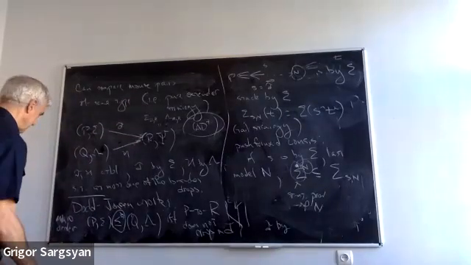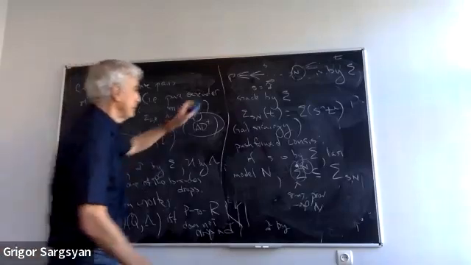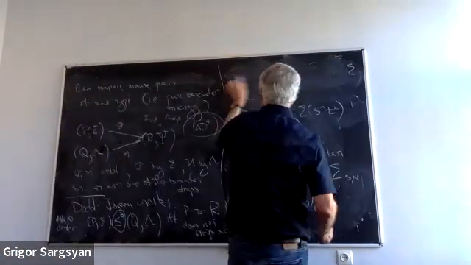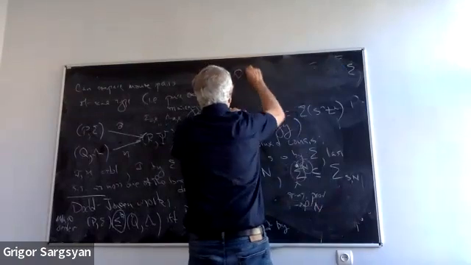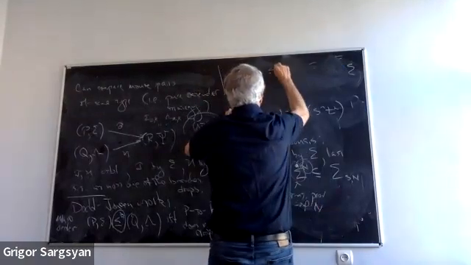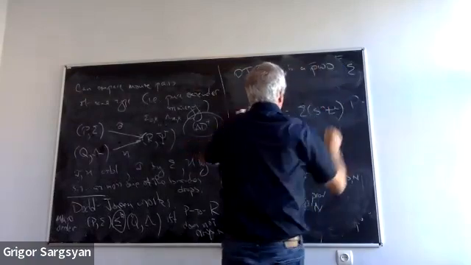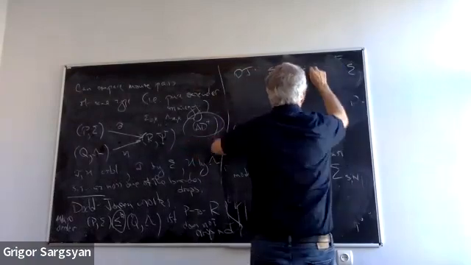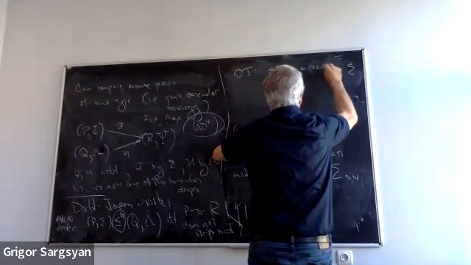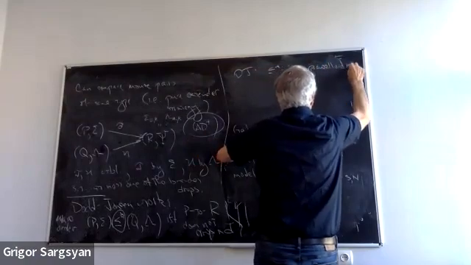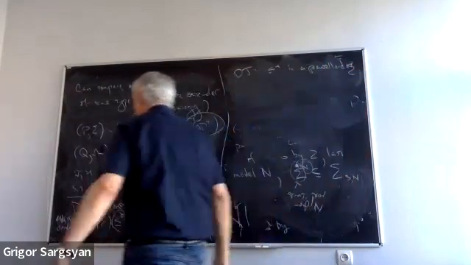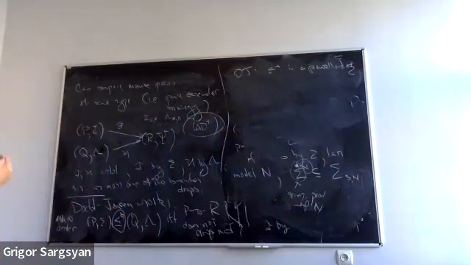So, pre-well order. Another part of the Dodge-Jensen lemma is the minimality of iteration maps.